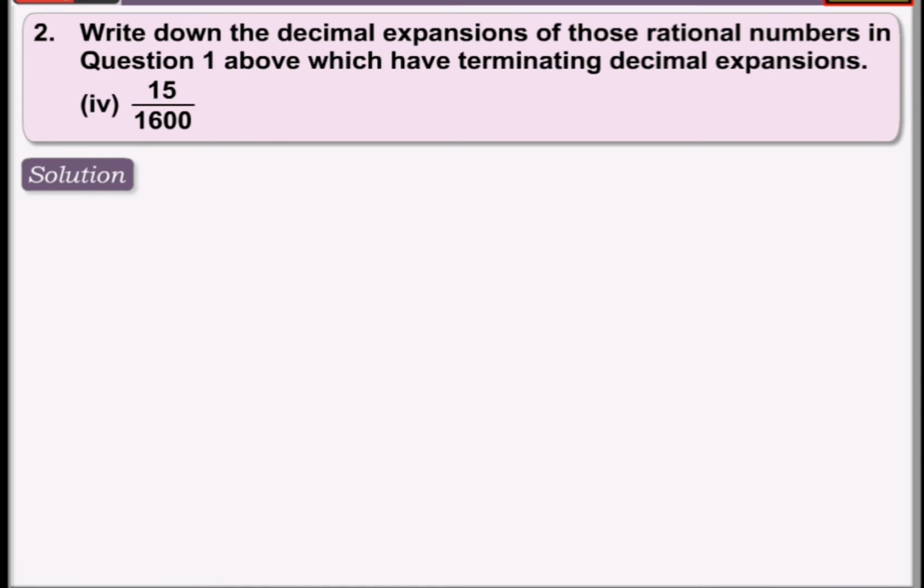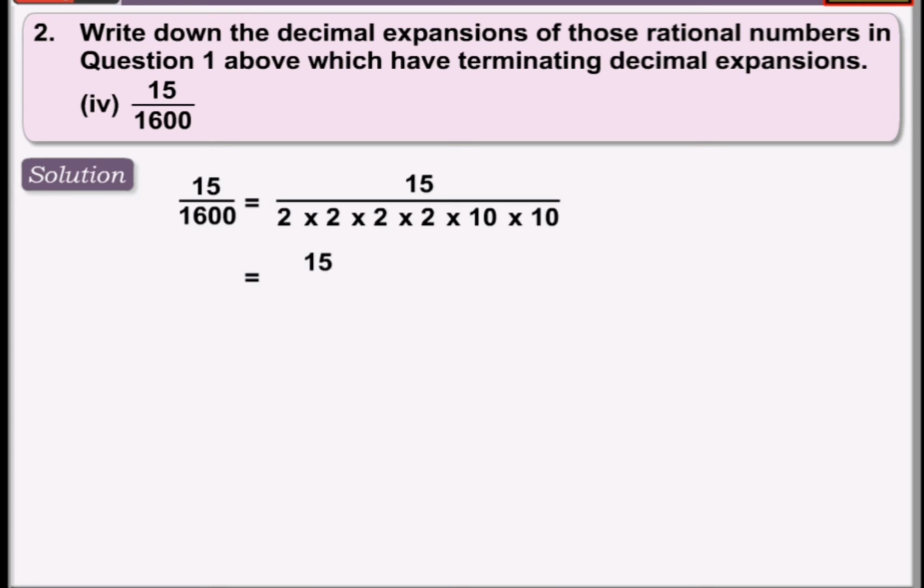Answer. If we factorize 15 upon 1600, it is 15 upon 2 into 2 into 2 into 2 into 10 into 10. So it is 15 upon 2 raised to power 4 into 10 square. Let us multiply and divide it by 5 raised to power 4.